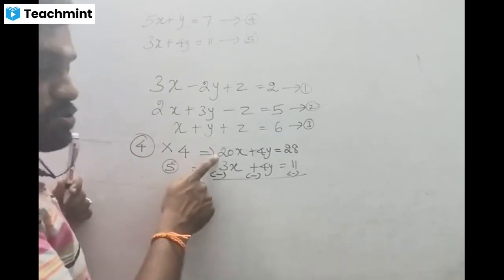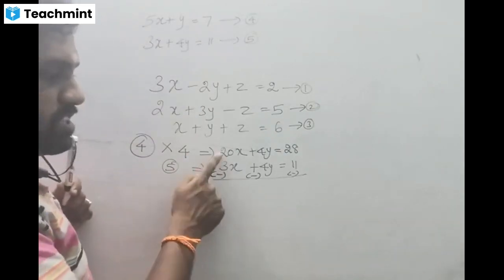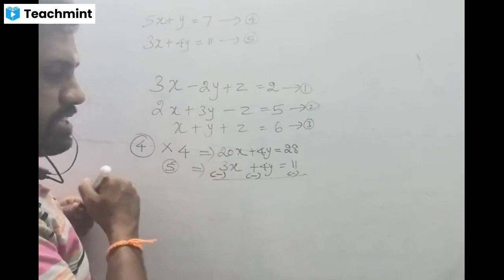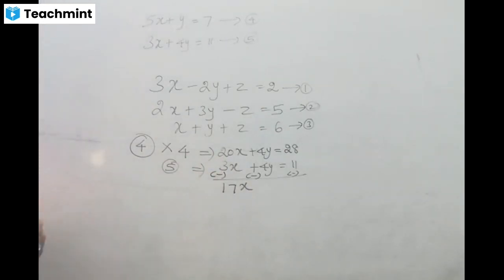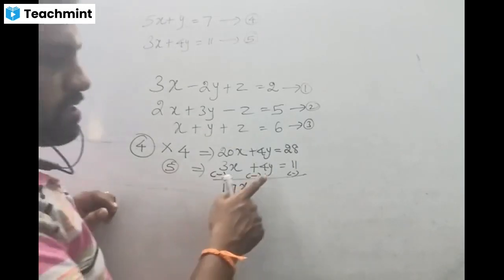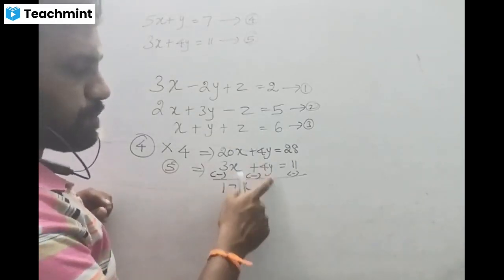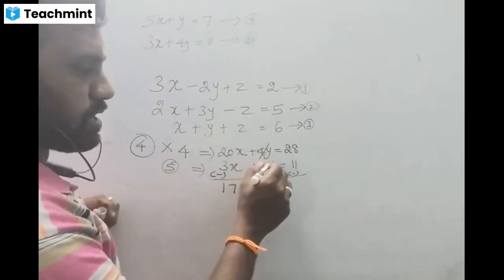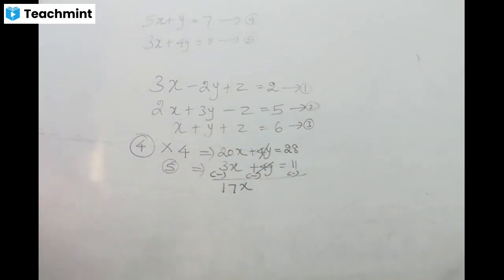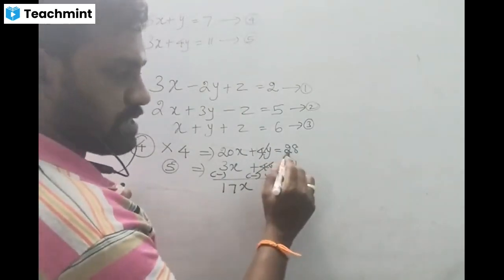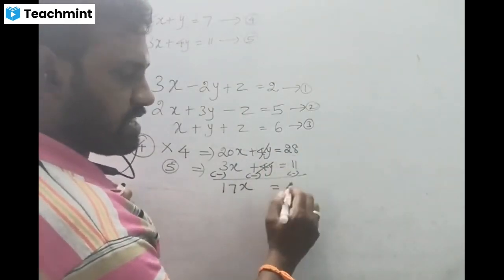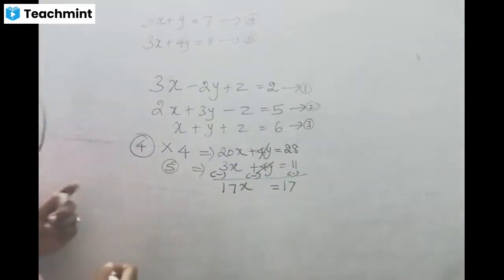Now listen, here the plus 20x, here the minus 3x. So 20x minus 3x will be 17x. And here plus 4y minus 4y, both are cancelled. And here 28 minus 11. 28 minus 11 will be 17.